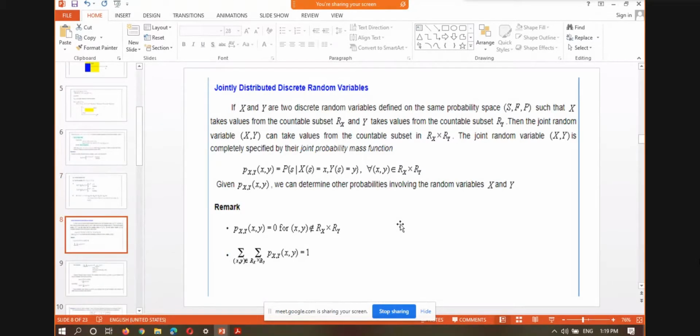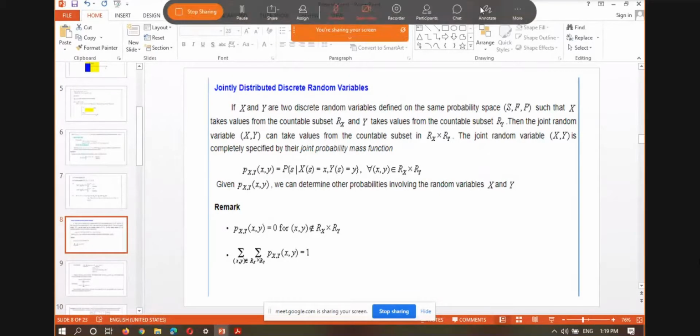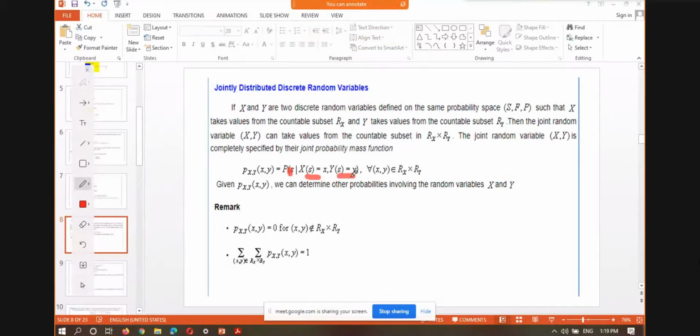Then, for jointly distributed discrete random variables: if you have two random variables X and Y, the joint probability mass function is defined by p_XY(x, y), and it contains those sample points for which X equals x and Y equals y, for all (x, y) belonging to the range of X and the range of Y. This is called the joint probability mass function for the case of two discrete random variables.